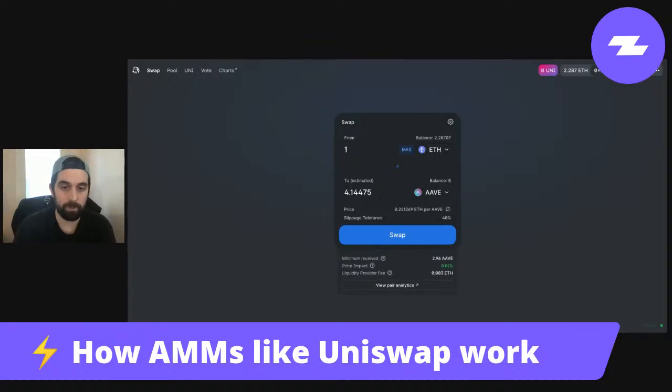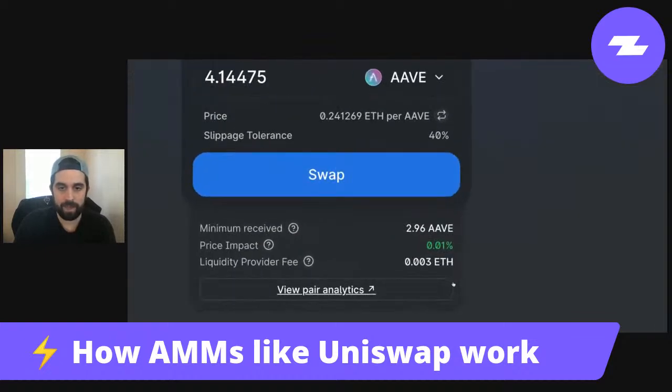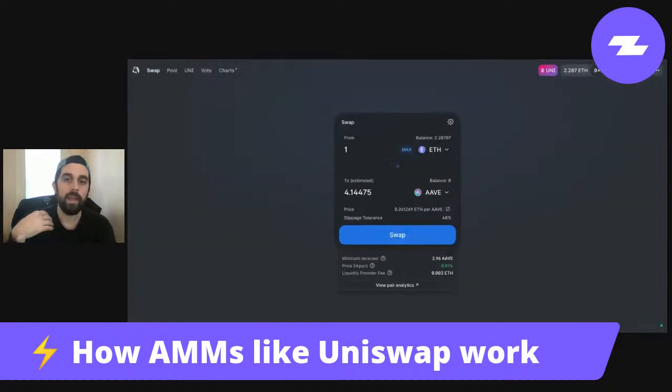If I owned 1% of it, I would earn 1% of the 0.3% on every trade. And so in this case, if I was to trade 1 Ether, I would pay 0.003 ETH. And all of those that are liquidity providers that are lending their 50% Ether, 50% Aave in this pool, they would be able to then collect on those fees.